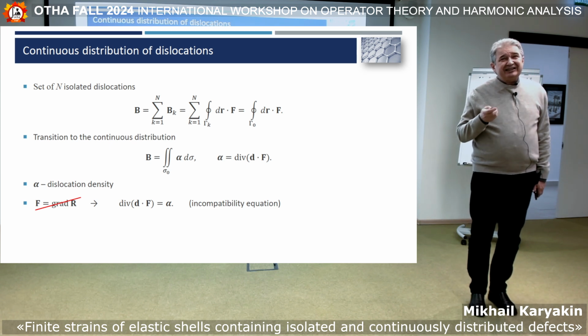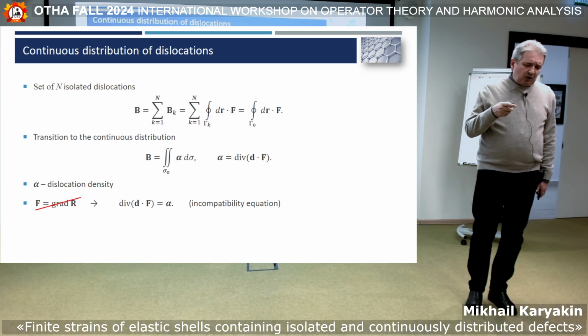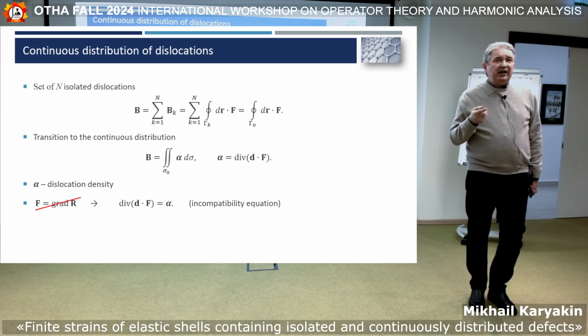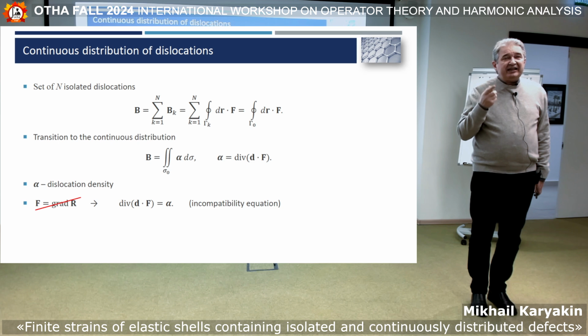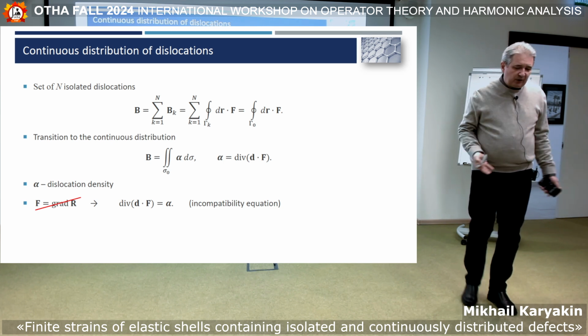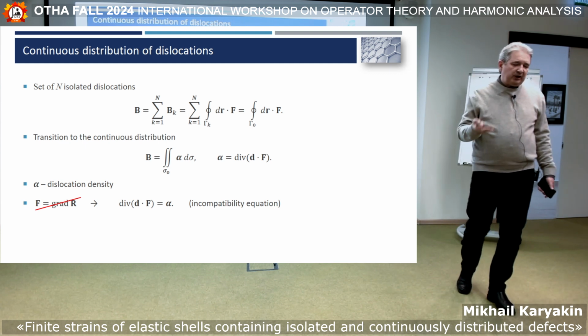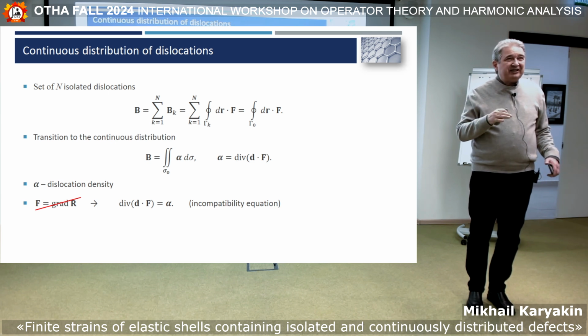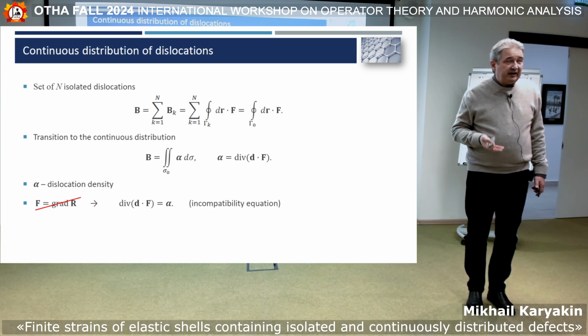Then we can change this contour integral by a surface integral using the divergence theorem, and then introduce this parameter alpha and say it is not equal to 0. Then it means that alpha we can call the dislocation density. If it is 0, of course, we have, for example, the non-dislocation case or the case of a single-valued region, but now we have a single connected area with dislocation density. What does it mean?